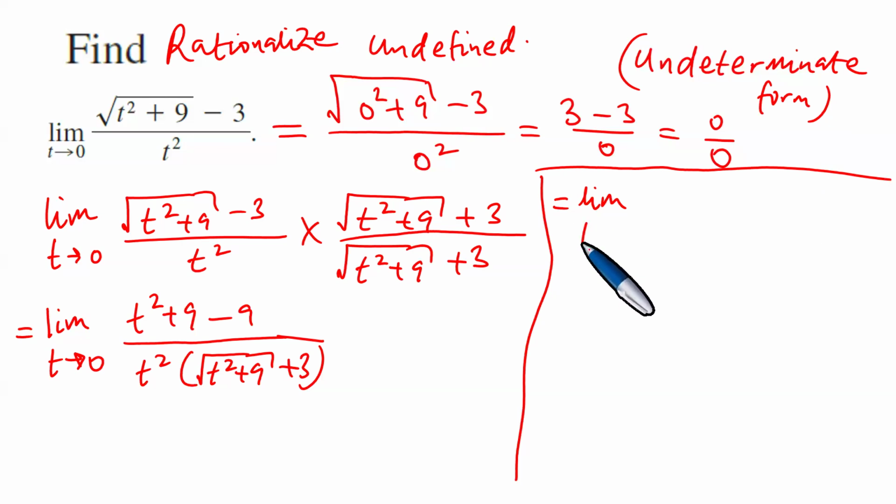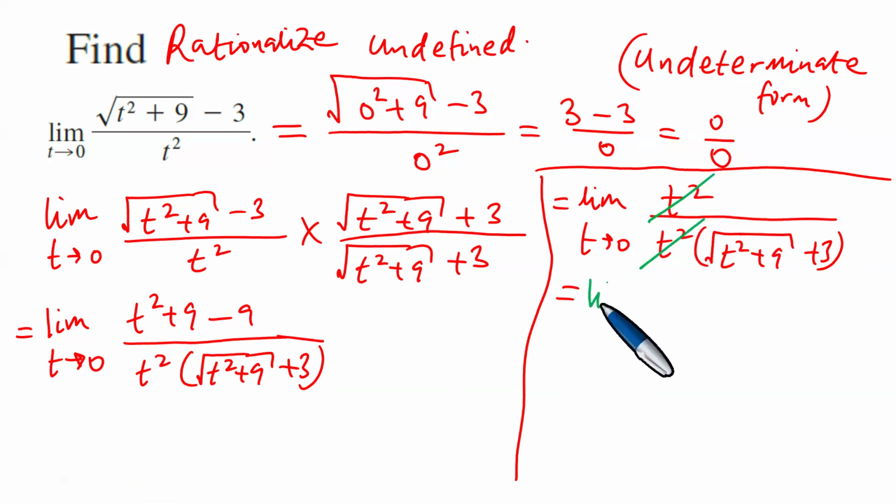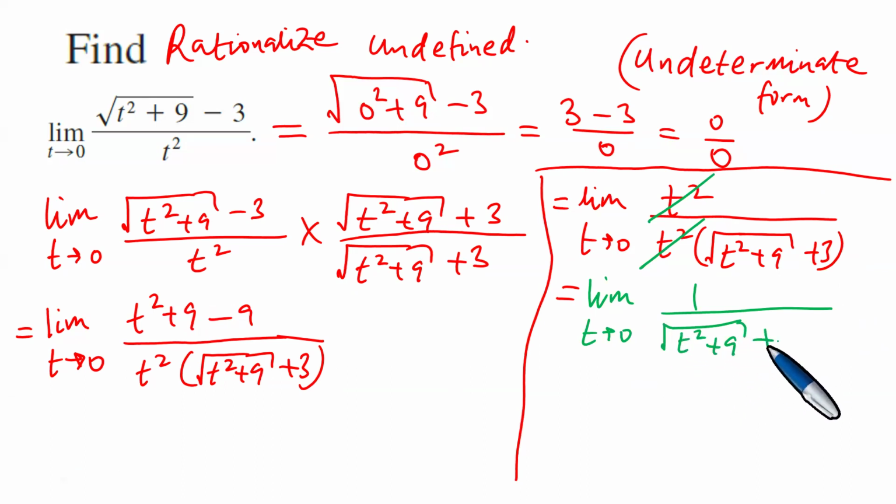We take the limit as t approaches 0. 9 minus 9 is 0, giving us exactly t squared divided by t squared times the square root of t squared plus 9 plus 3. So t squared cancels t squared, giving us 1 divided by the square root of t squared plus 9 plus 3.